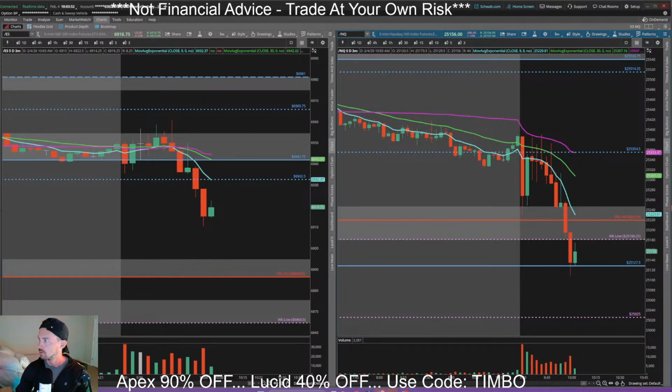It's working. Kind of wicking. See if we can get back under that 127 level. And I might test out just a one contract short just to see if it's even working. If we can flip this candle red.